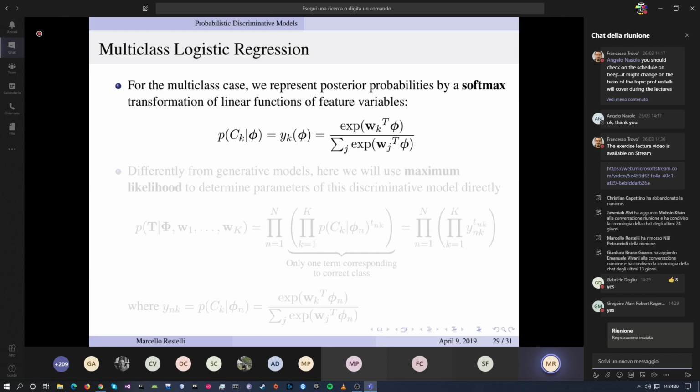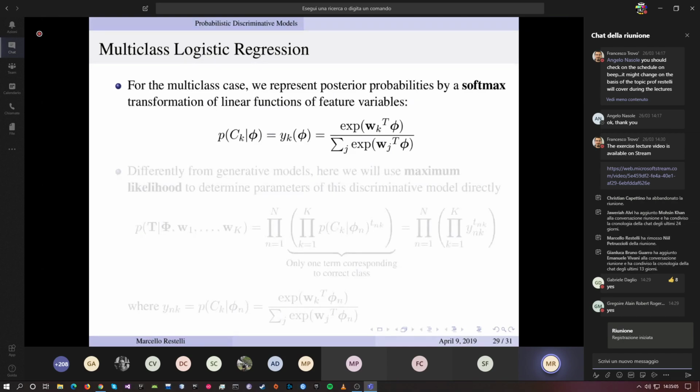It is the ratio between the exponential of the linear combination of the weights for class K in scalar product with the vector of features phi, divided by the summation over all the classes that you can have in your problem of the same quantity, so the exponential of the scalar product between the weight vector for class J and the feature vector phi.